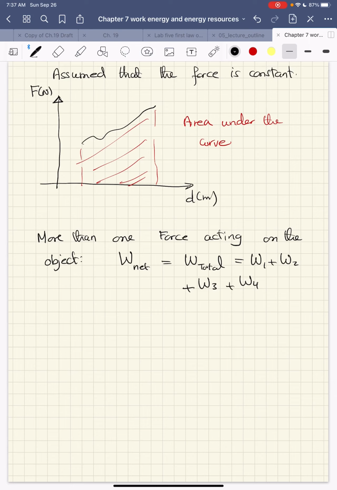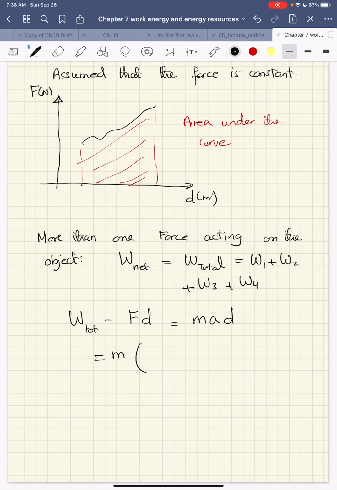Now we can say that work total equals the net force times D. That net force is MA times D, the displacement.